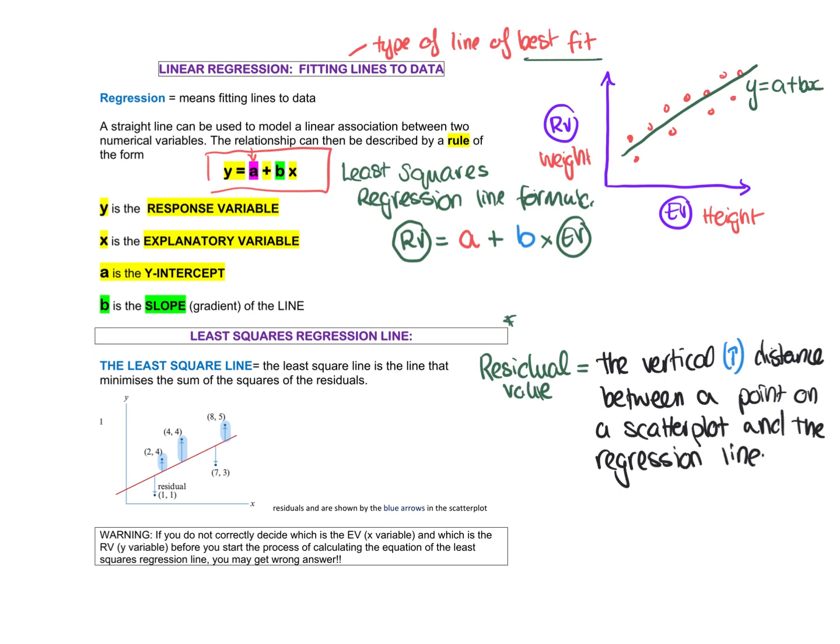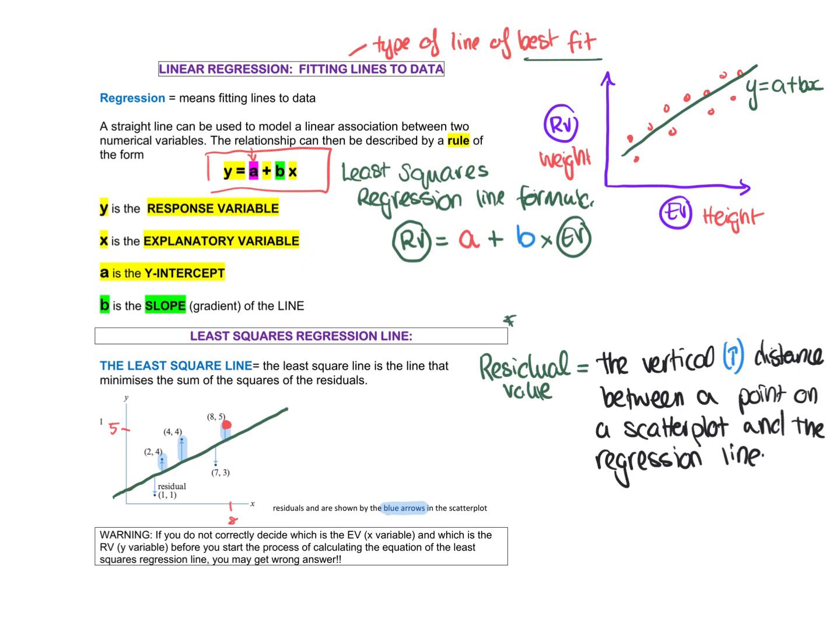If you look down here on your notes, it says the residuals are shown in a blue arrow. This actual dot here was the dot on the scatter plot, and if you have a look, it was at 5 on there and 8 there. And what we did is the regression line, which I'm going to go over in green, so you can see we worked that out.